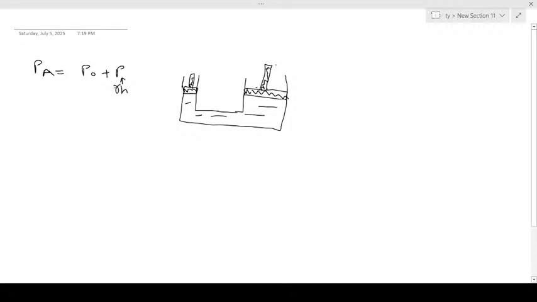This hydraulic press has different forces acting on it: this is F2, this is F1. From Pascal's law, the pressure at this point and this point along the same axis are the same.